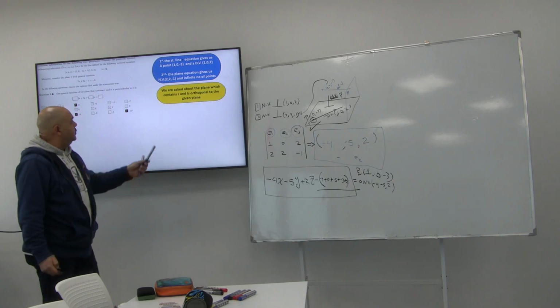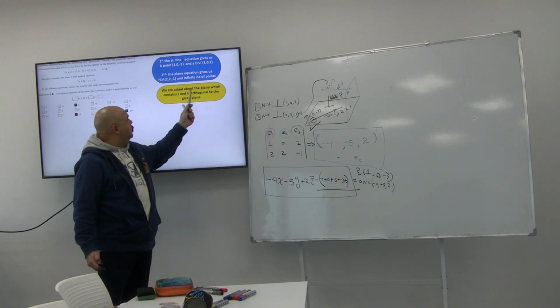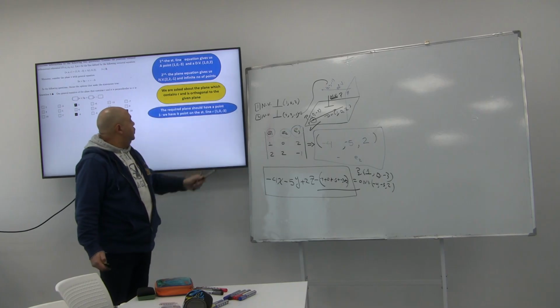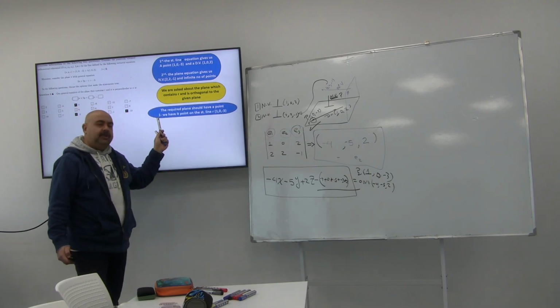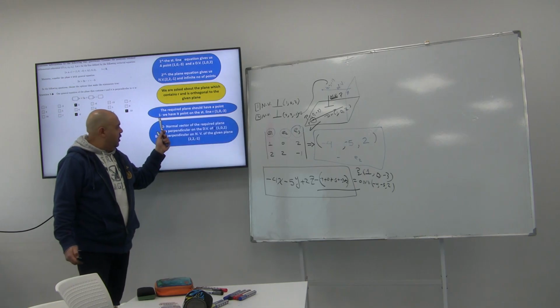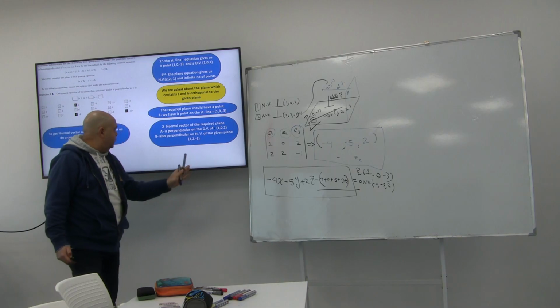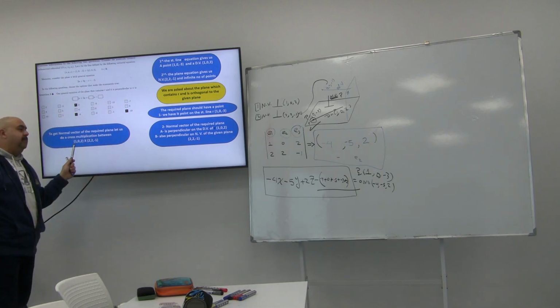The second point, we are asking about the plane which contains R and is orthogonal to this given plane. So now I'll start substituting with the values of R, and I have the direction vector exactly like what we said. Then I will make our cross multiplication with 1, 0, 2, and 2, 2, negative 1.